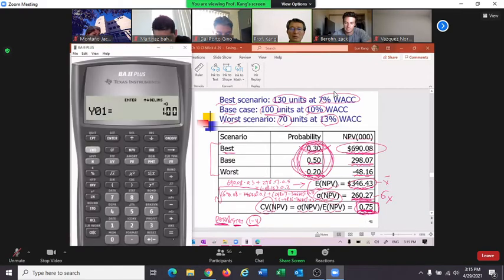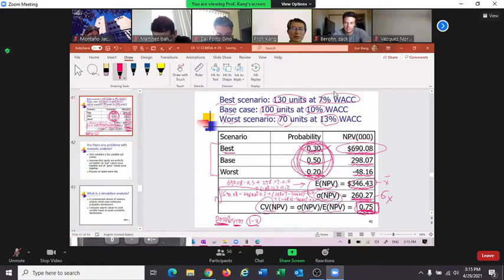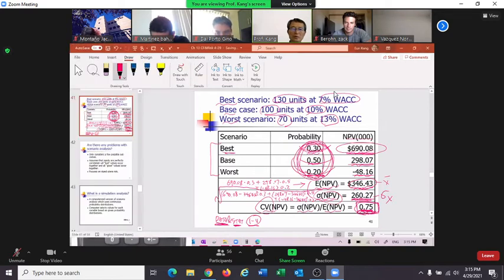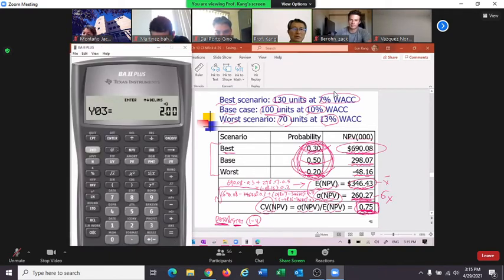In this case, don't enter 0.3, you should enter a whole number, so 3, enter. Next, X2 is 298.07, enter. And Y2 is 50%, 5. And X3 is negative 46.16, enter. And Y3 is 20%, 2, enter. And then you finish your data entry.